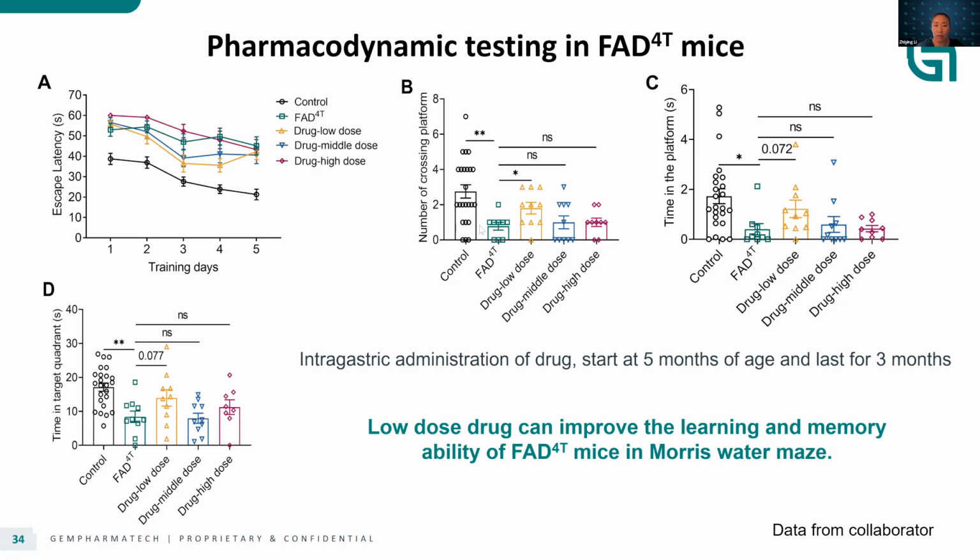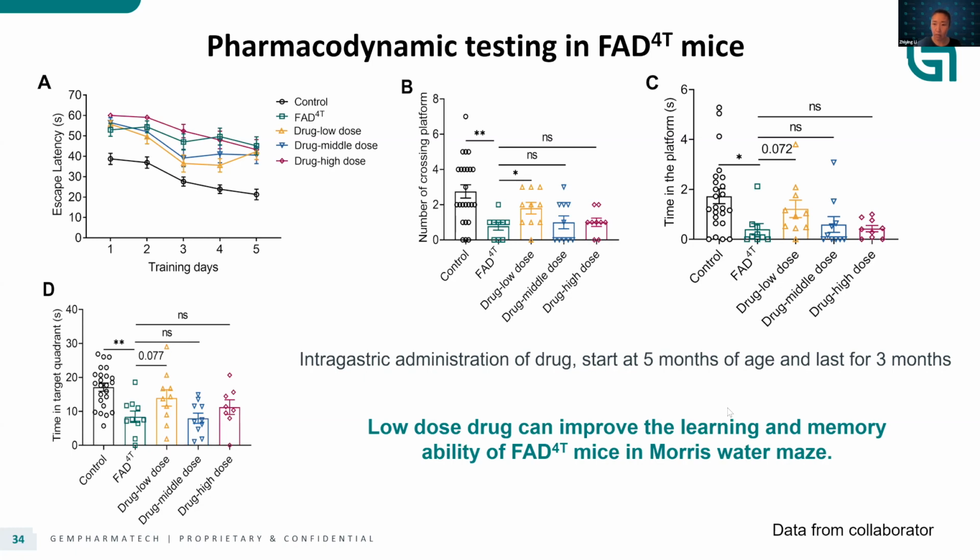For some reason, if you take, for example, the BE panel, the low dose seems to have the best effect in terms of reversing the FAD phenotype, or the Alzheimer's phenotype, compared to the middle dose or the high dose. So roughly speaking, it is probably a tool for our collaborator to use these mice to screen their drug. Parallel to that, we think FAD mice are ready to be used as a screening tool for other potential reagents.